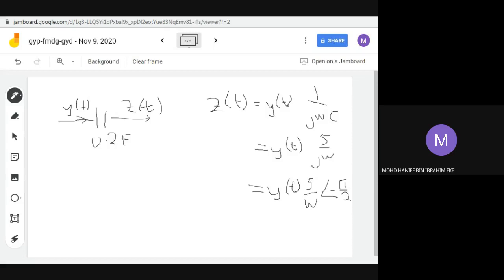For double-sided, am I right? So it won't be an issue now, hopefully. Let me refer back to the solutions of tutorial 3.